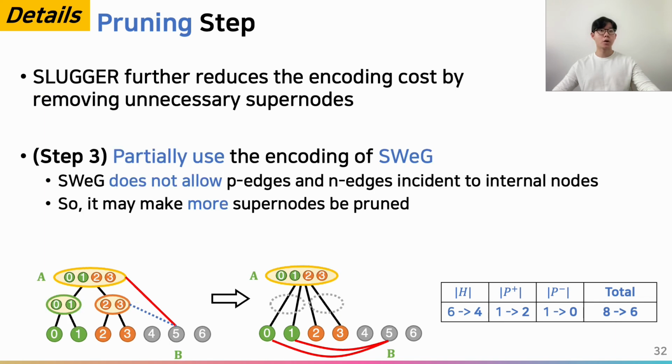Lastly, we try partially using the result of SWAG, which is the state-of-the-art non-hierarchical graph summarization method. This is possible since the previous graph summarization model is a special case of our model, as explained earlier. Since P and N edges incident to internal nodes are removed, this step may enable more supernodes to be pruned by the previous steps. Therefore, these three pruning steps are repeated a few times.